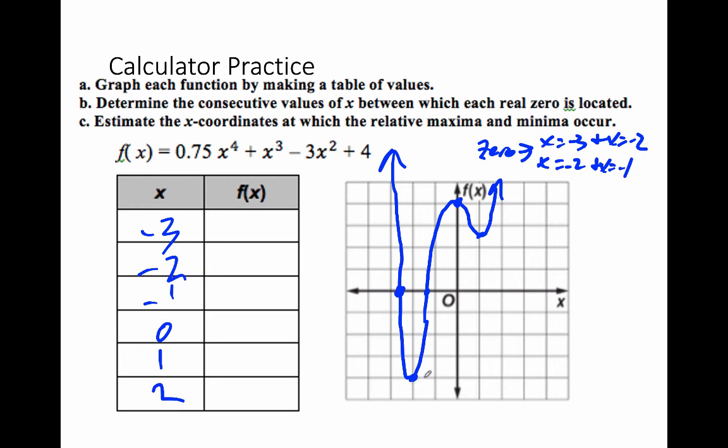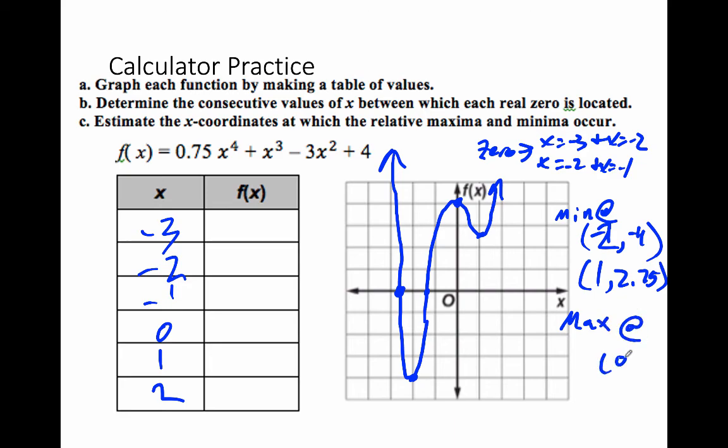And then I had a minimum at x equals -2, -4. I found it. -2, -4. And I've got a minimum at 1 and 2.75. And I had a maximum at 0.4.